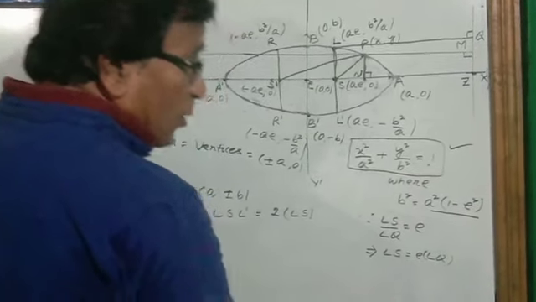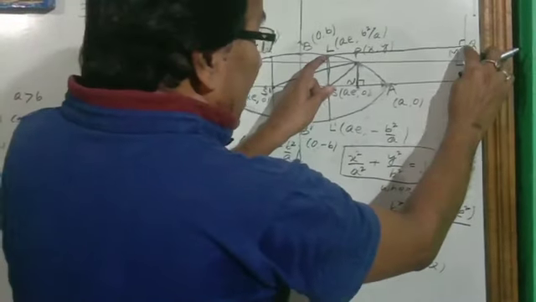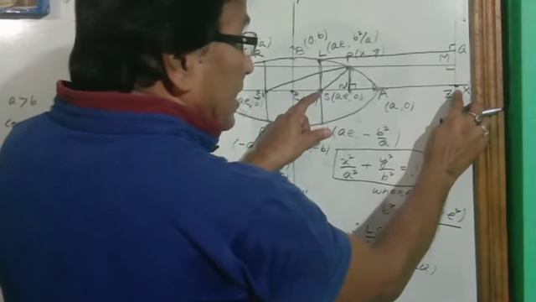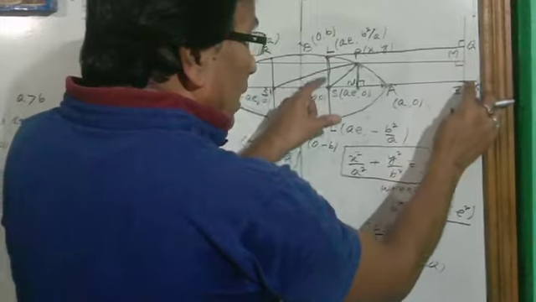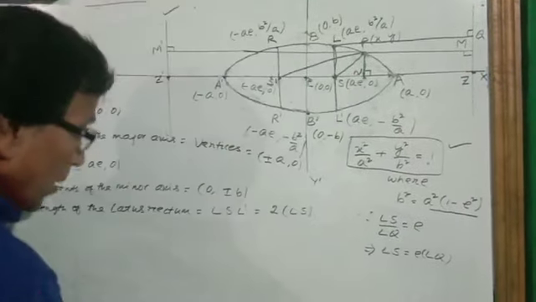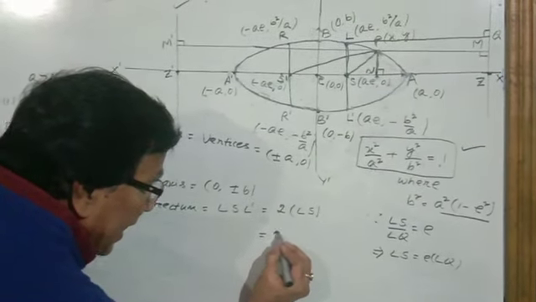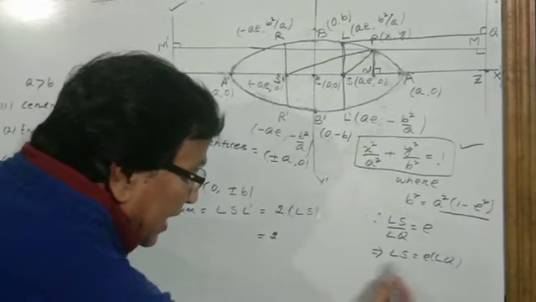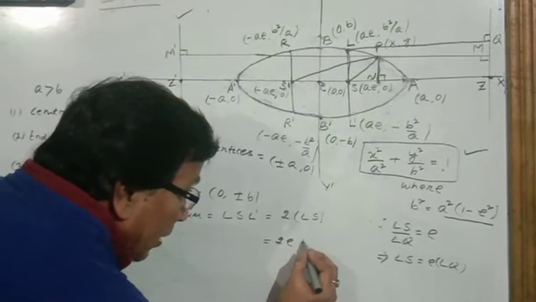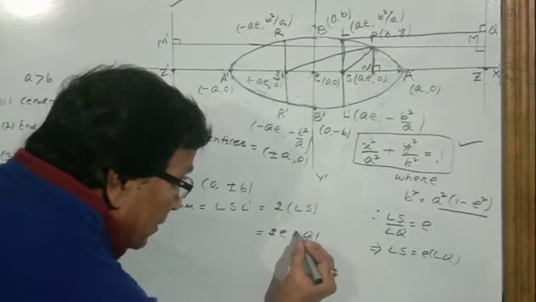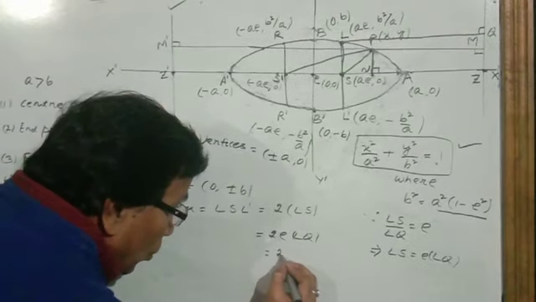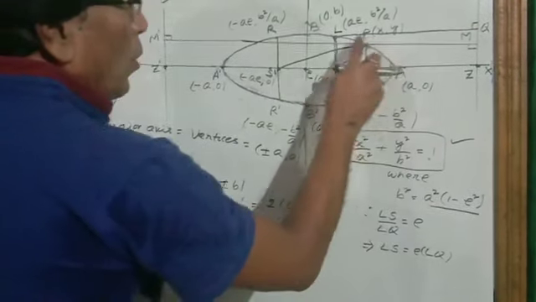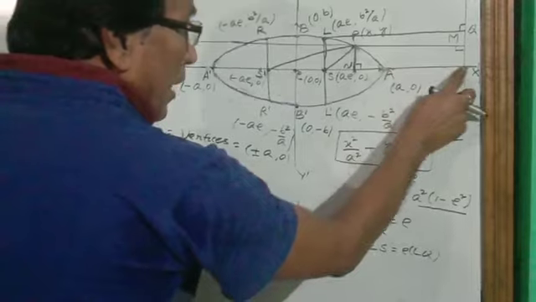So LS is equal to e LQ, and LQ is equal to SZ. So we are getting that 2 times LS, where LS is equal to e times LQ, is 2e times LQ. What is LQ? LQ is equal to SZ.